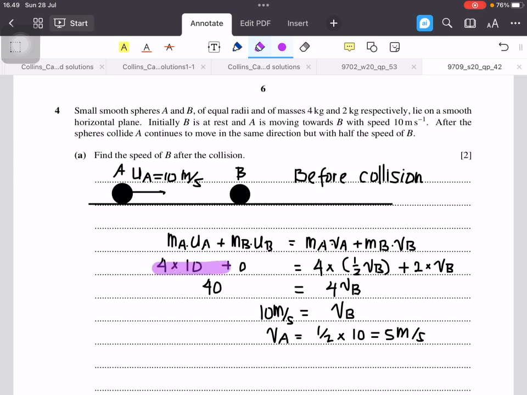So 4 times 10 plus 0 is equal to 4 times half VB, because after collision A moves with half the speed of B, so this one is half VB, plus 2 times VB. So VB is equal to 10 meter per second, while VA is equal to 5 meter per second. Actually the question only asks the speed of B.